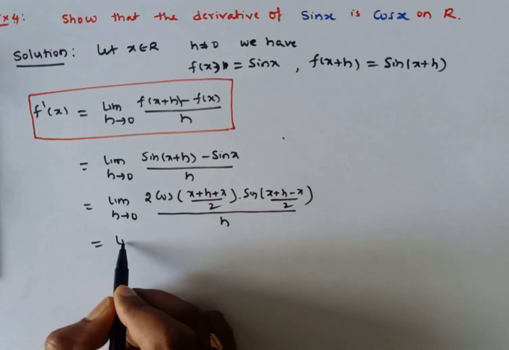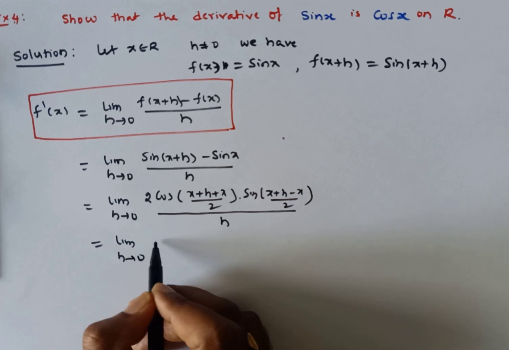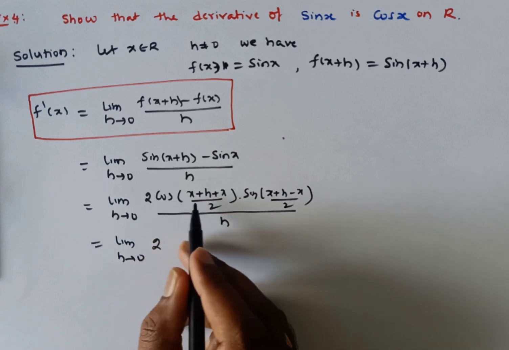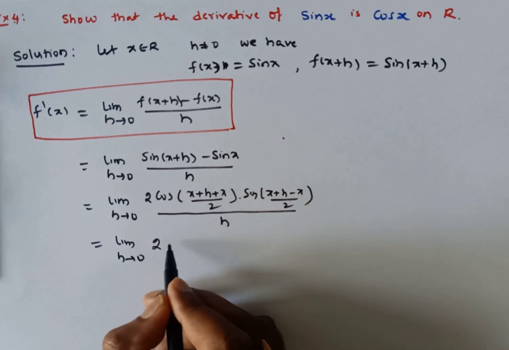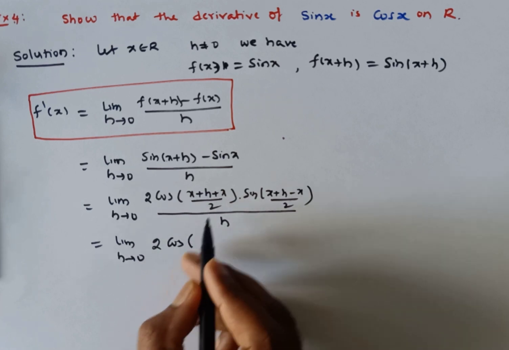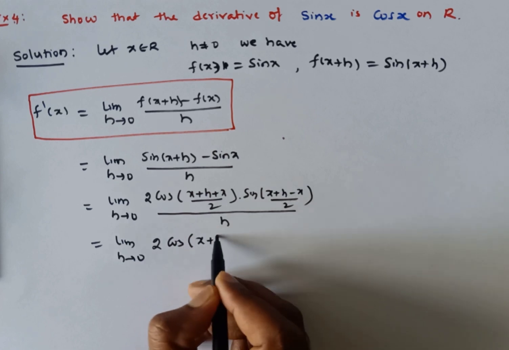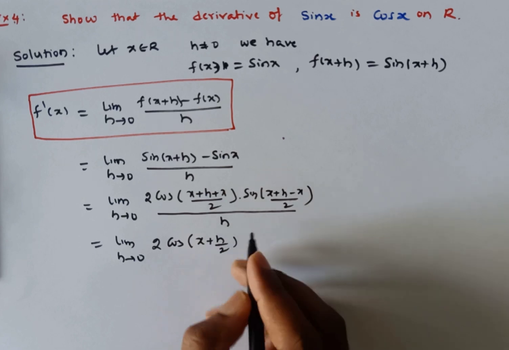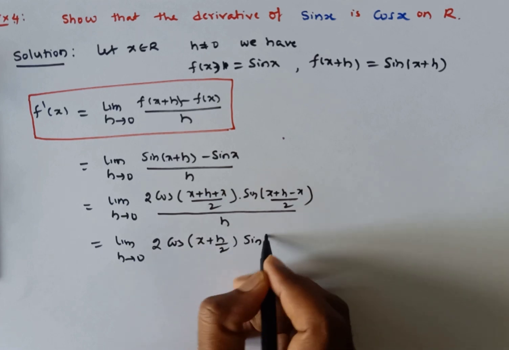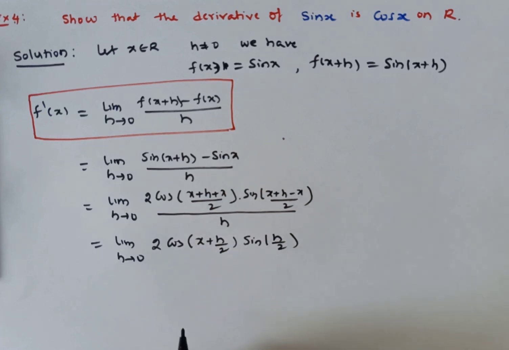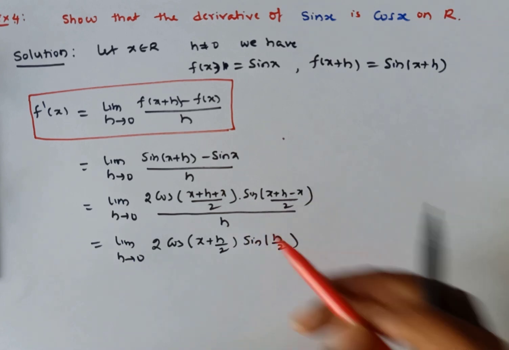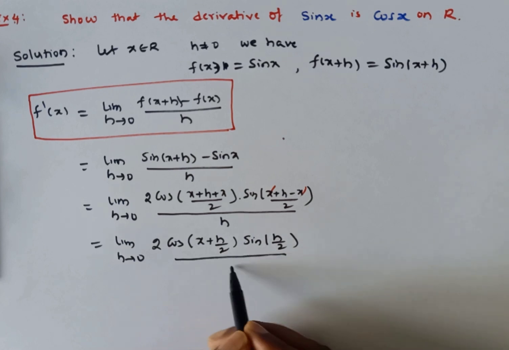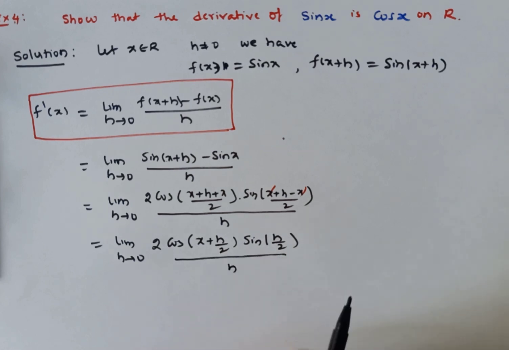Now this is limit h tends to 0 of 2 into cos of (2x plus h) by 2. x plus x is 2x, by 2 means x, plus h by 2, into sine of h by 2. The x and x get cancelled, so the remaining part is h by 2.